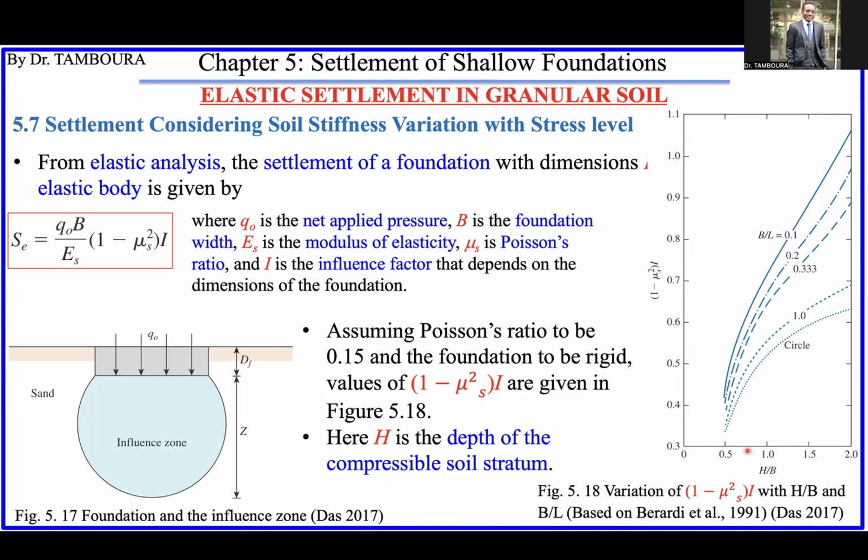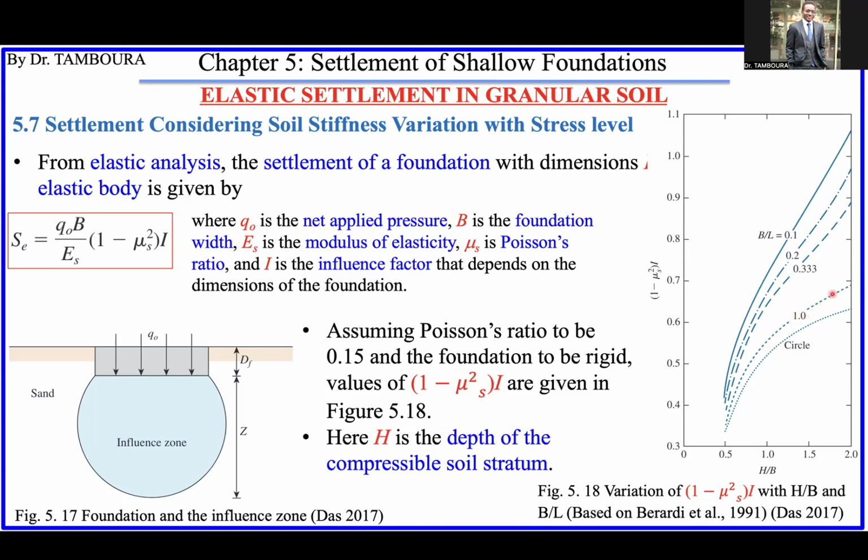And for each value of H over B, you can obtain the value of this group, okay? And each line here represents a type or dimension of foundation. So B divided by L, here 0, I think it means the limit for strip footing. 0.2, 0.3, until 1.